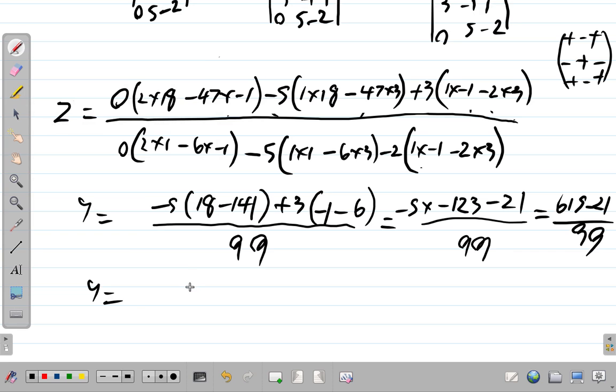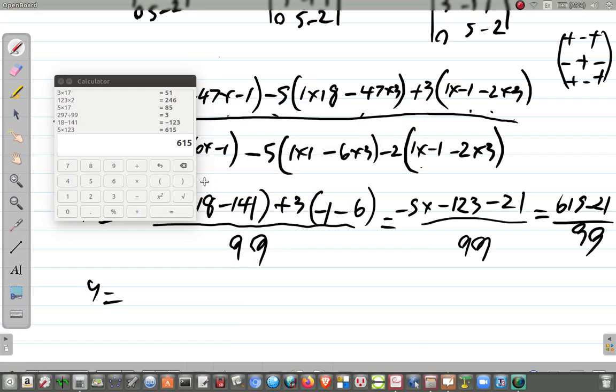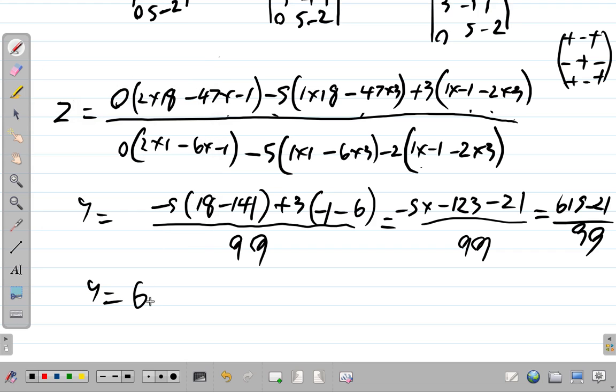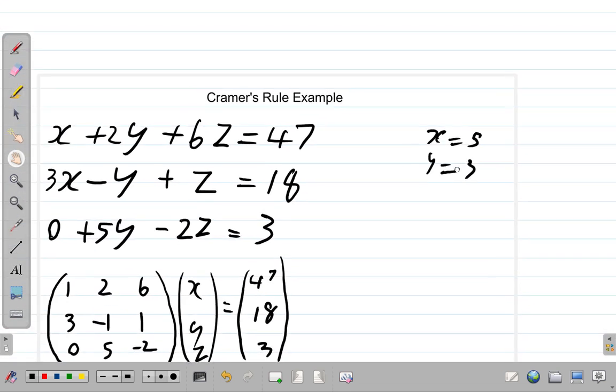So z equals, and then that gives you 615 minus 21 equal 594. Alright? Divide by 99 equals 6. So z equals 6. So we go up here and write down y equals 6.